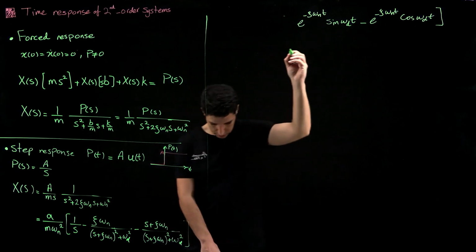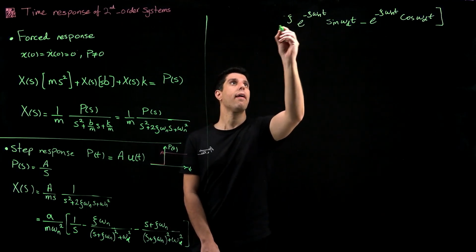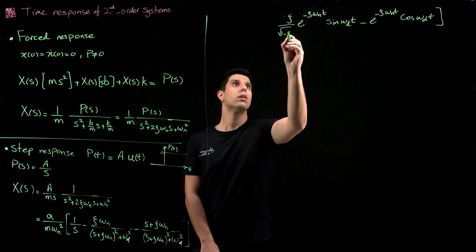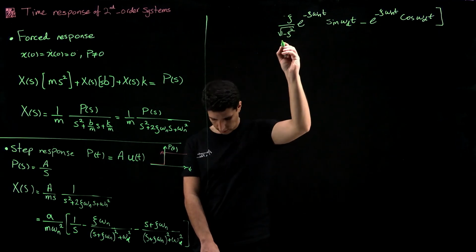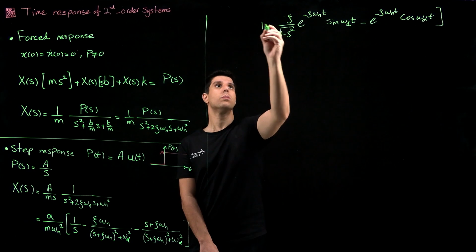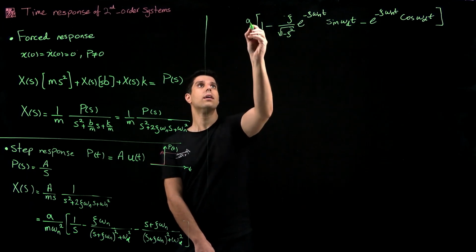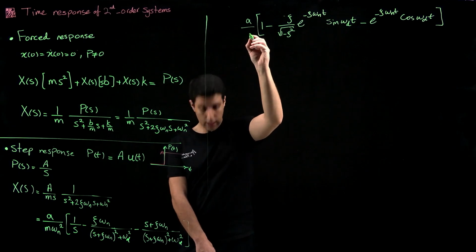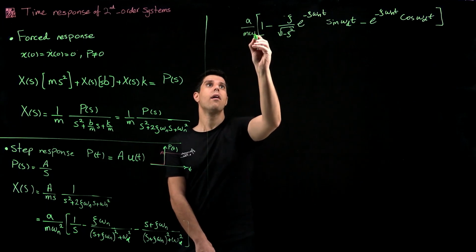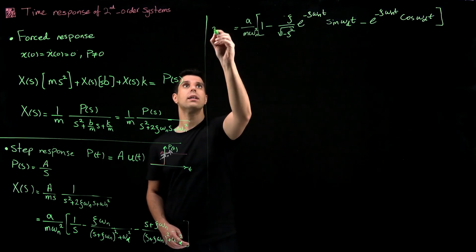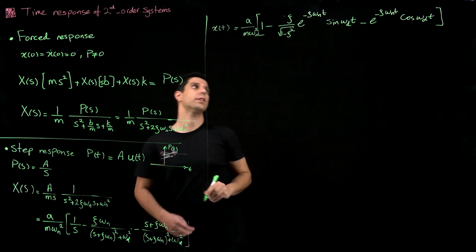This is going to be z, minus there, a over omega n. Okay, that's it. That's x of t.